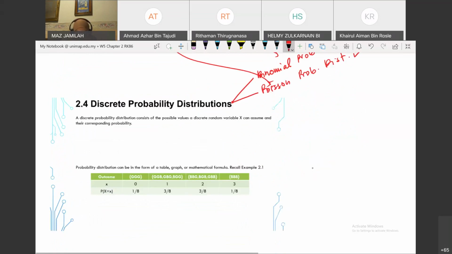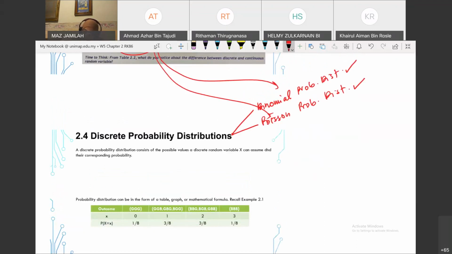A discrete probability distribution consists of the possible values a discrete random variable can assume and their corresponding probabilities. So for a discrete probability distribution, it will follow certain characteristics and a certain probability distribution for that particular discrete random variable. Now, let's assume that X is a discrete random variable.